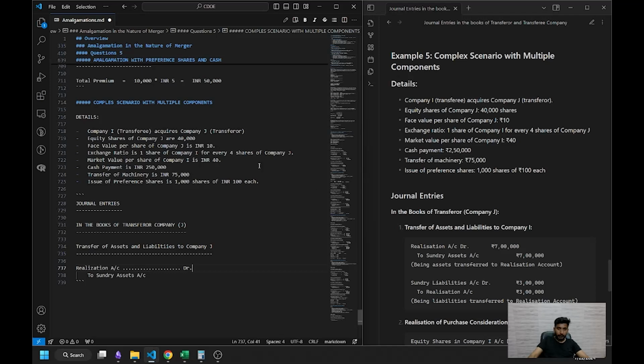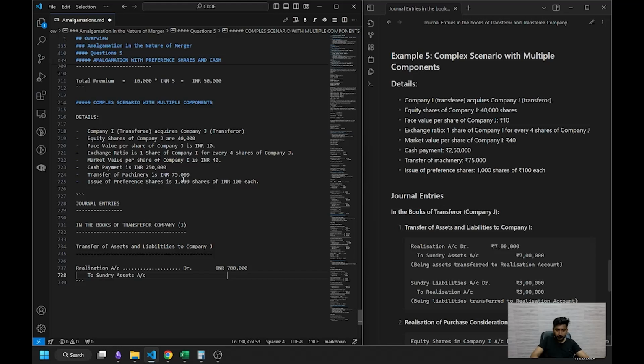Now, how much money has been acquired is rupees 7 lakhs. That is INR rupees 7 lakhs.